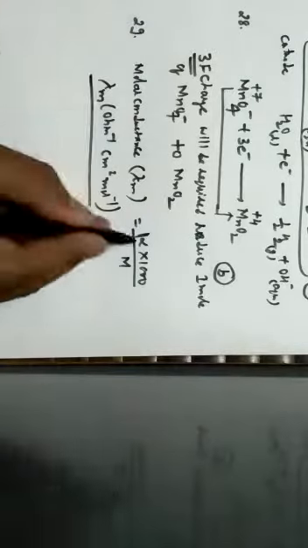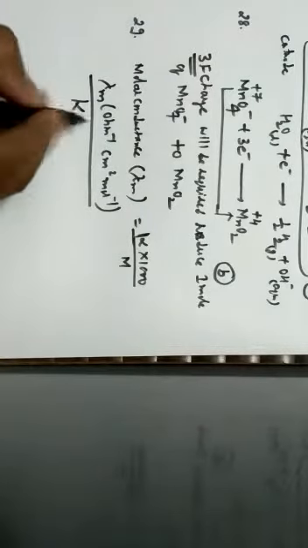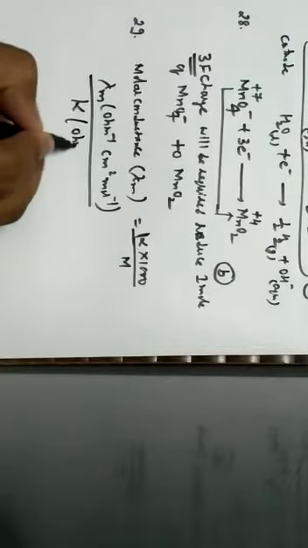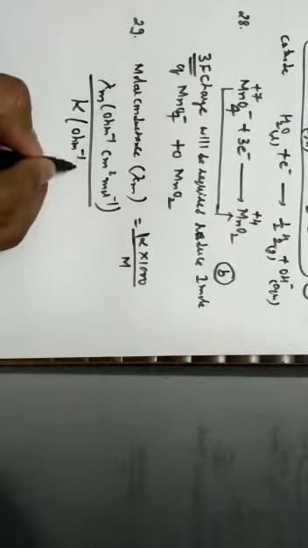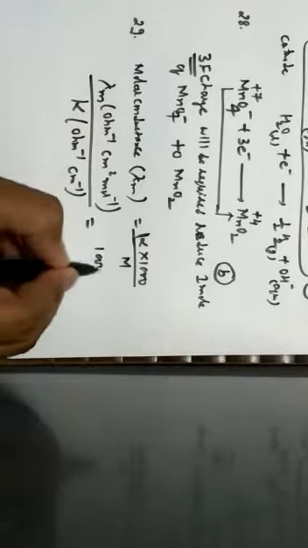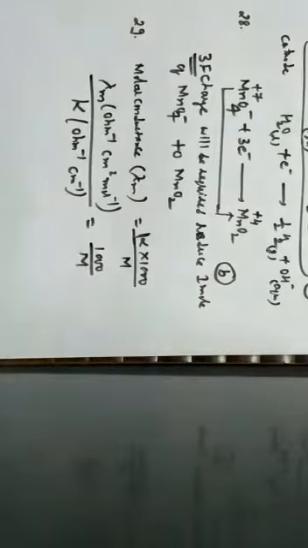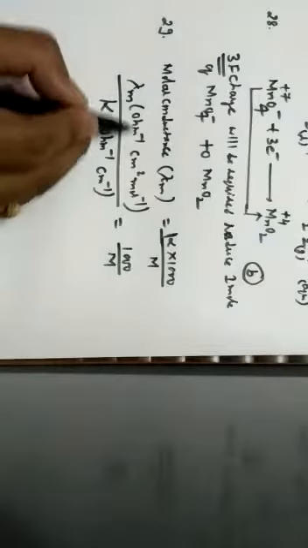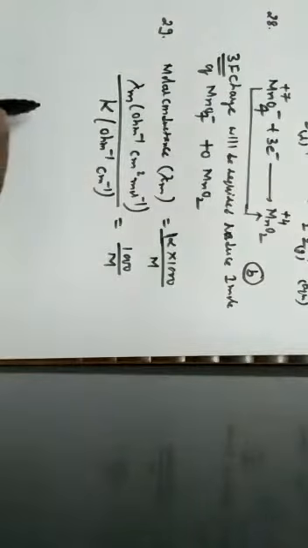Divided by kappa, where the unit of kappa is per ohm per centimeter, which is equal to 1000 divided by M. So here per ohm per centimeter can be cancelled.